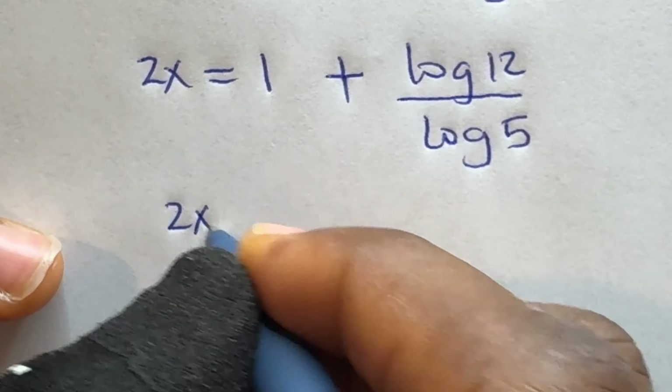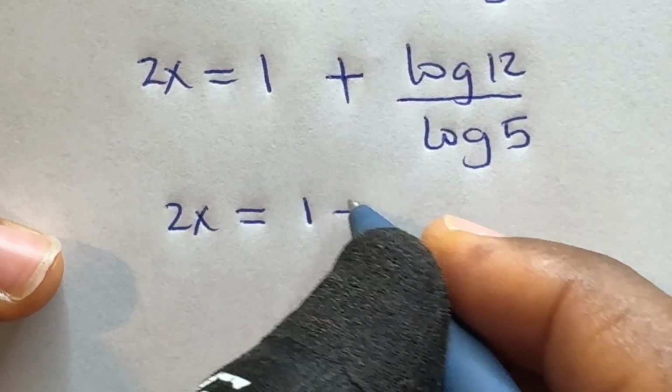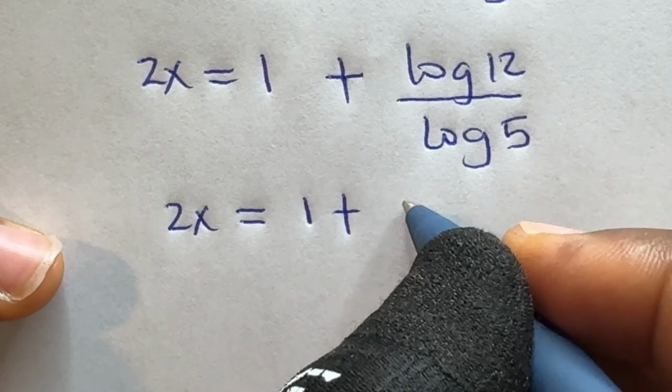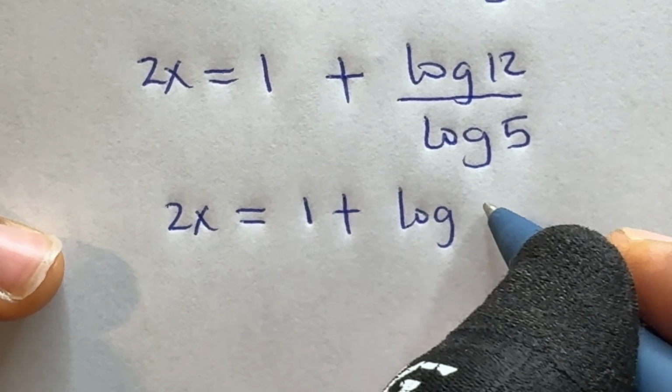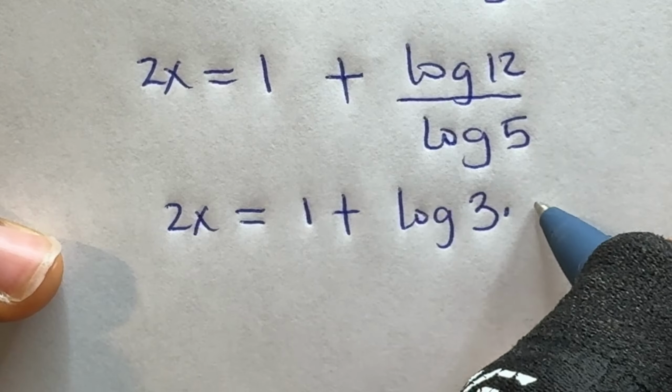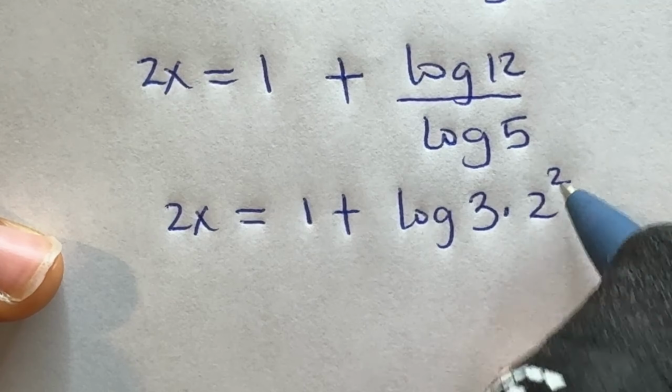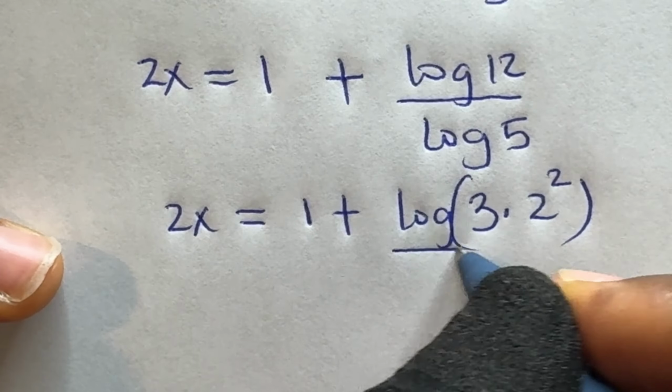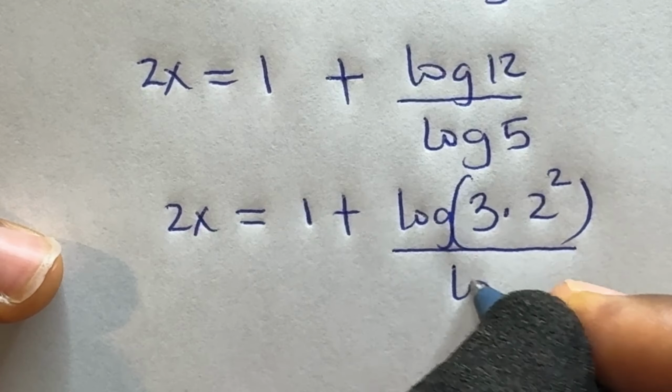2x is equal to 1 plus, I can write this as log 3 times 4, and 4 itself is 2 squared, then divided by log 5.